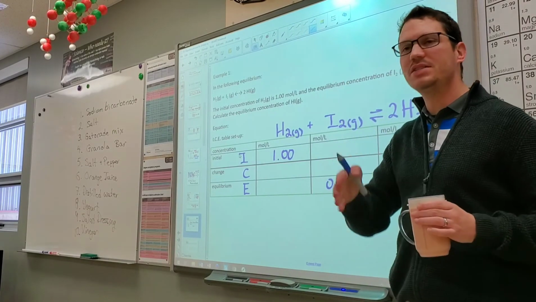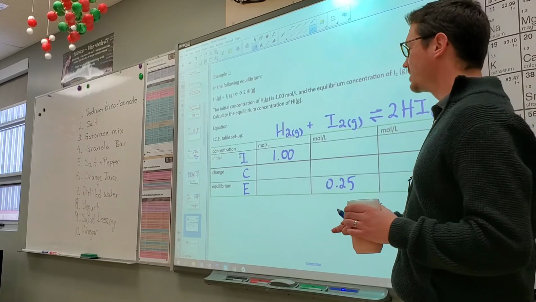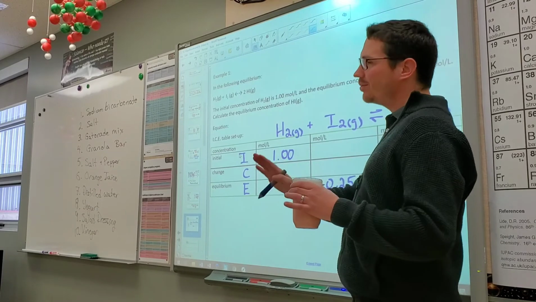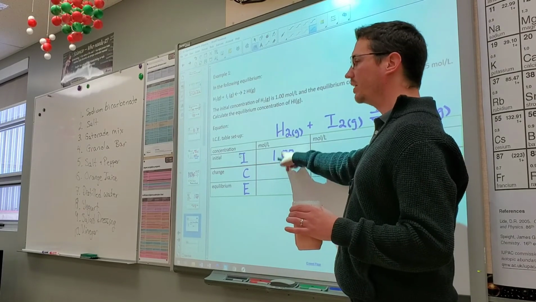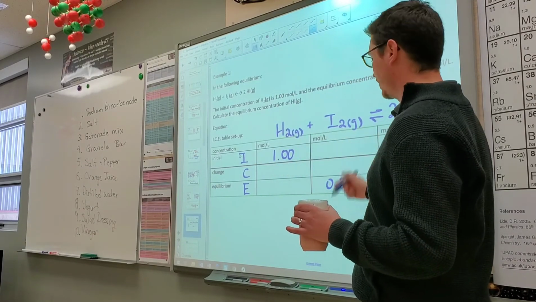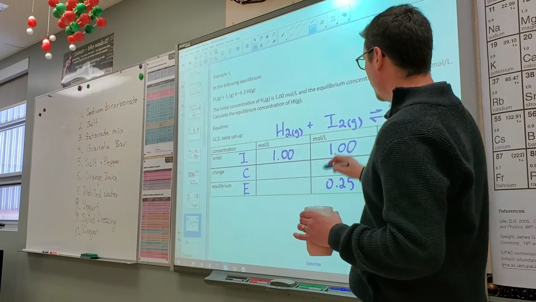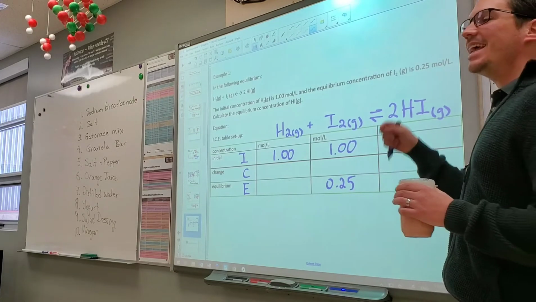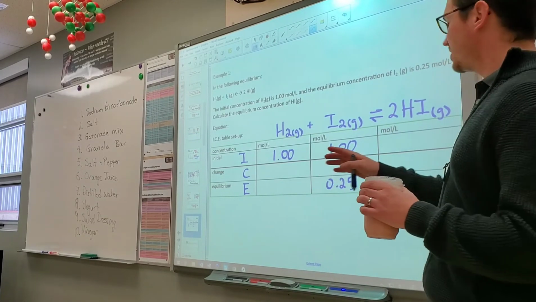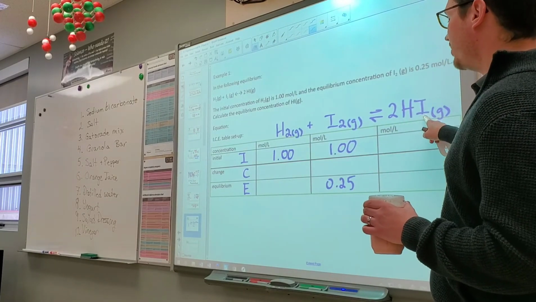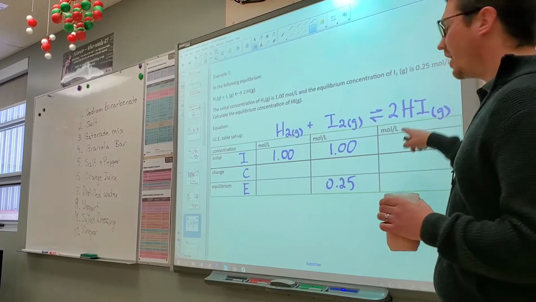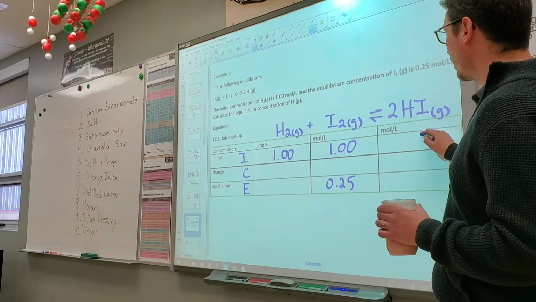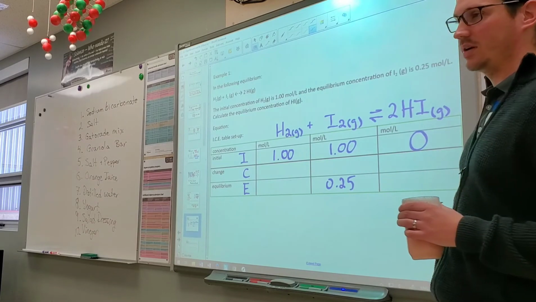So an assumption you need to make is that because they have the same coefficient, what they're really saying is 1 mole per liter of both of our reactants. Did they say anything about any of the HI being in the flask initially? Are there any products in here initially? No, there aren't. So we're going to assume that there are no products at all.